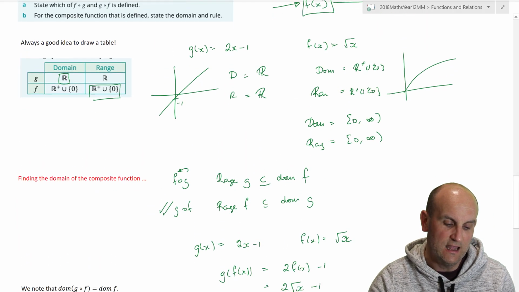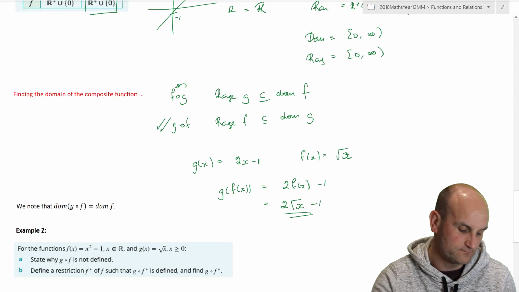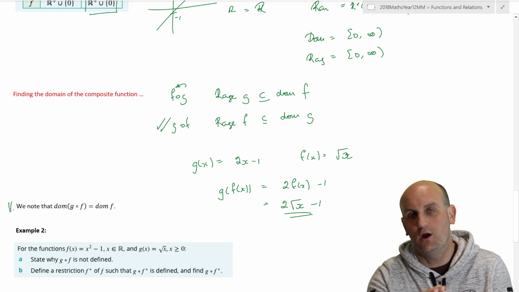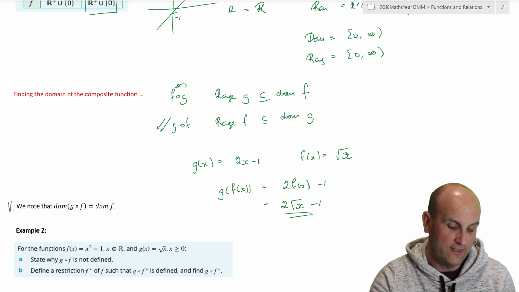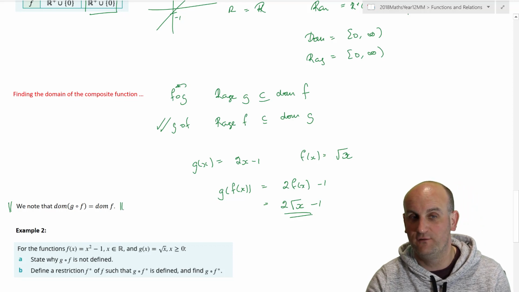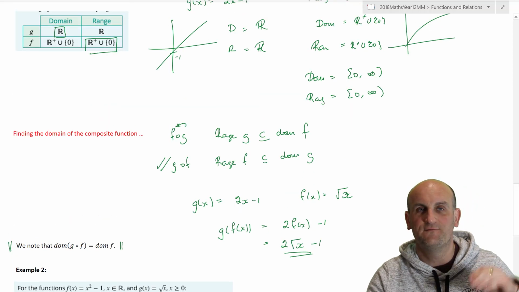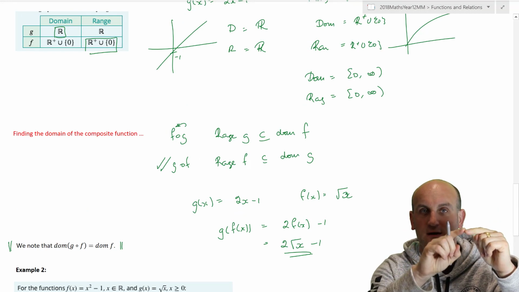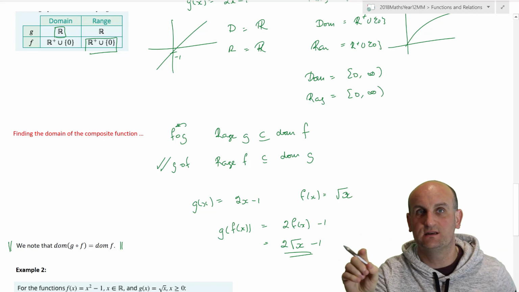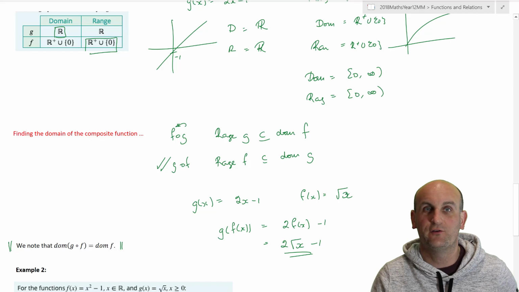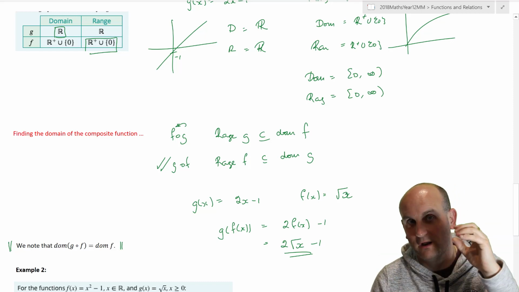What else did it say? And the domain. One of the important things to notice is that when G of F is defined, then the domain of that function is exactly the same as the domain of F. And if you think about it, why? Because the values that are going into F are creating the range that comes out, and that range fits wholly within the domain of G. And so the domain of my whole function must equal the domain of my original function.